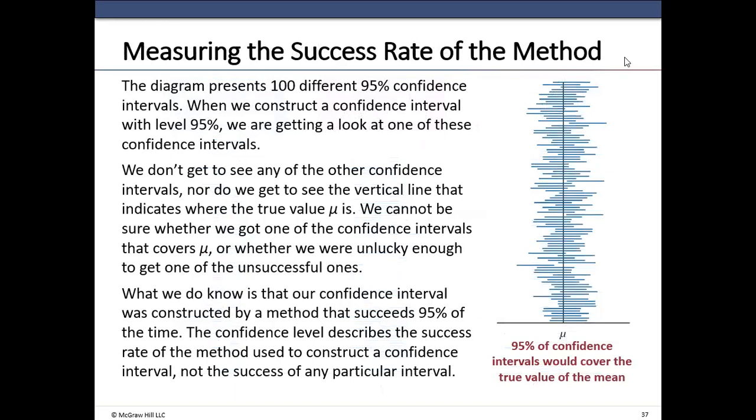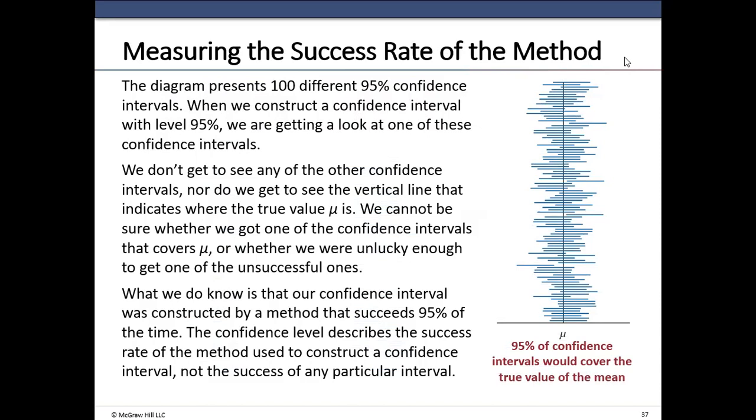Measuring the success rate of the method, the diagram presents 100 different 95% confidence intervals. When we construct a confidence interval with level 95%, we are getting a look at one of these confidence intervals. We don't get to see any of the other confidence intervals, nor do we get to see the vertical line that indicates where the true value of mu is.